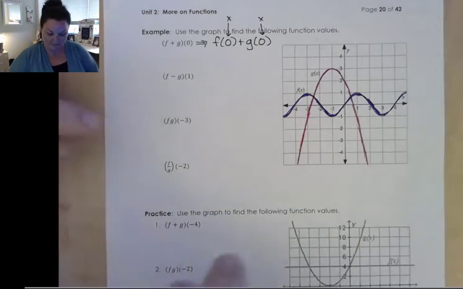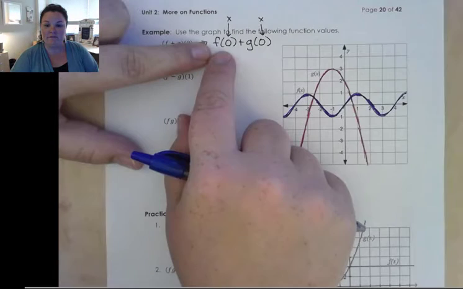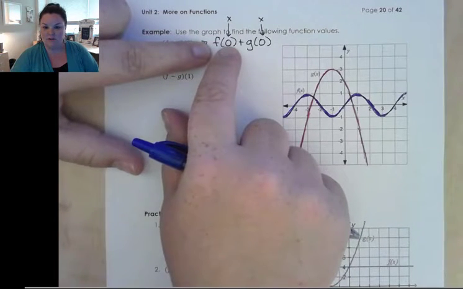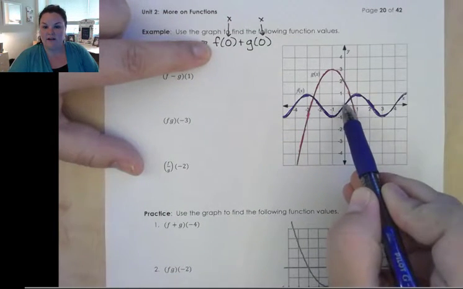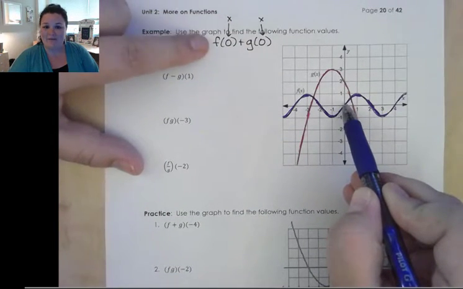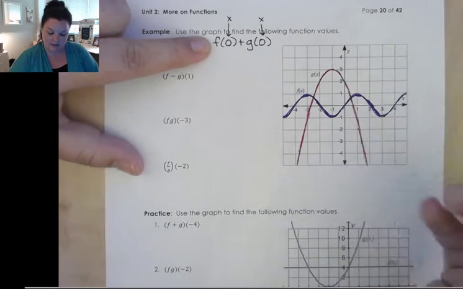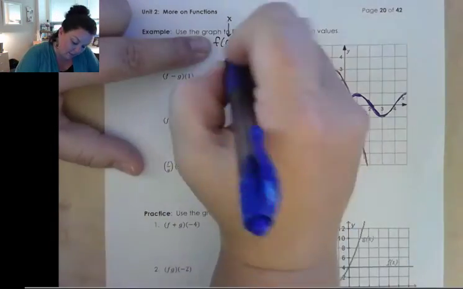Okay. All right. So now that we have what we're looking for, f of 0, this just means our x is 0. So I just go to where our x is 0, which is right here, and I trace it to my f function. So my f function is this blue one, right? And at 0, that blue function is also at 0.